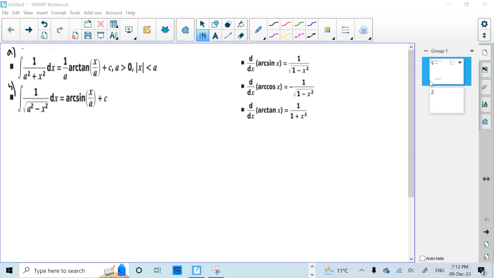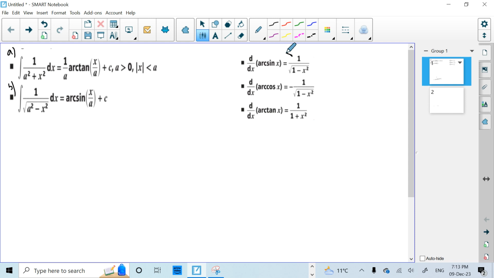So integrating the inverse trig functions, I call this A and B because these are your standard results. But going back to the last port of call, when you were differentiating inverse trig functions, the derivative of arc sine x was 1 over the root of 1 minus x squared.